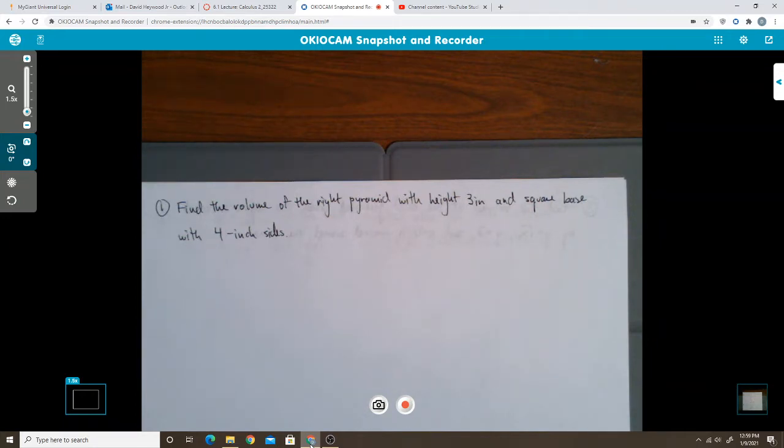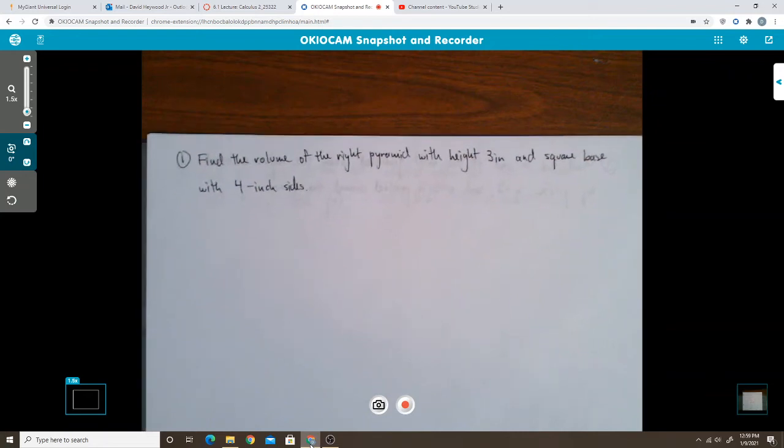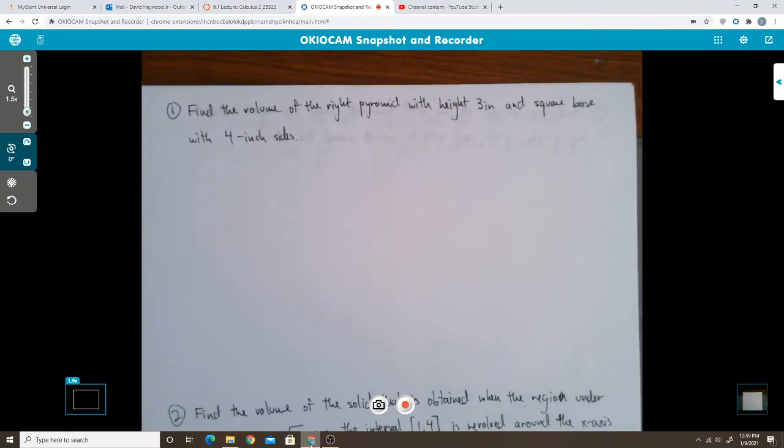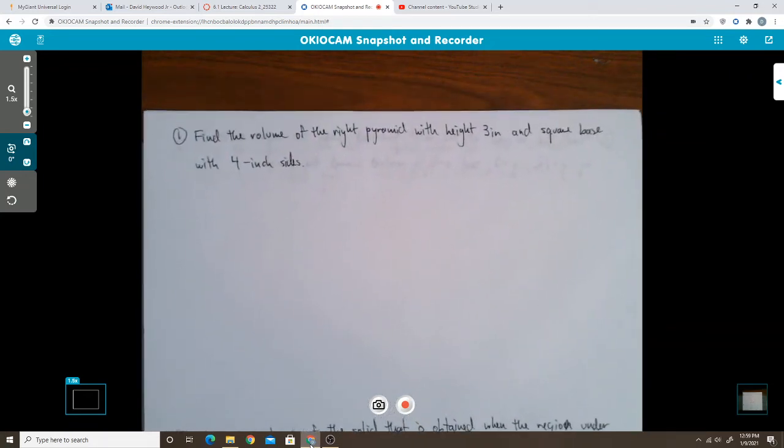This first example says, find the volume of the right pyramid with height 3 inches and square base with 4-inch sides. First of all, I'm going to draw a picture. I'll use a pencil in case I have to erase.